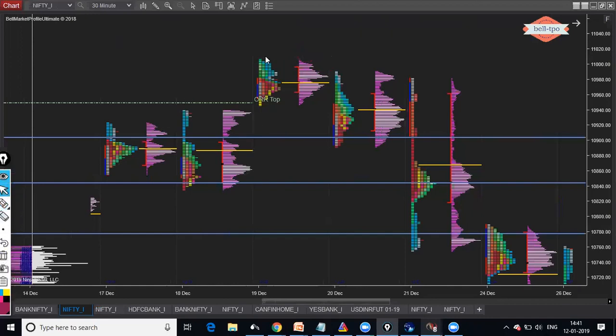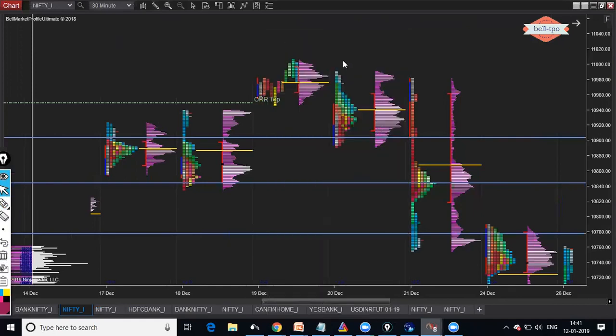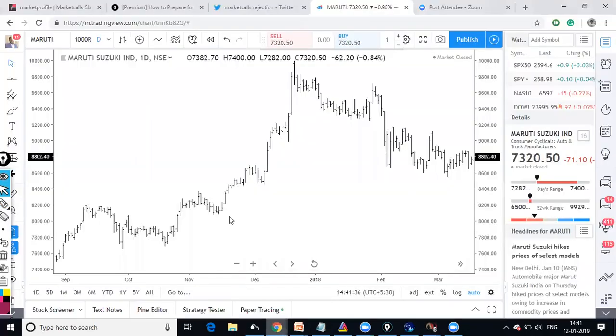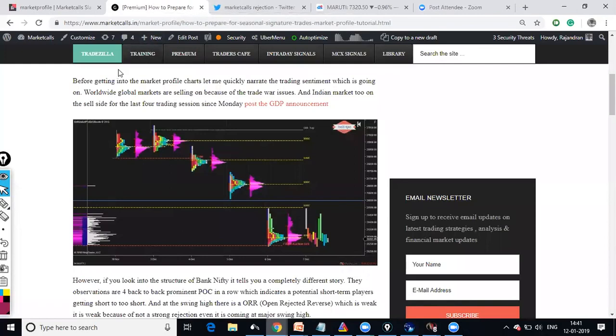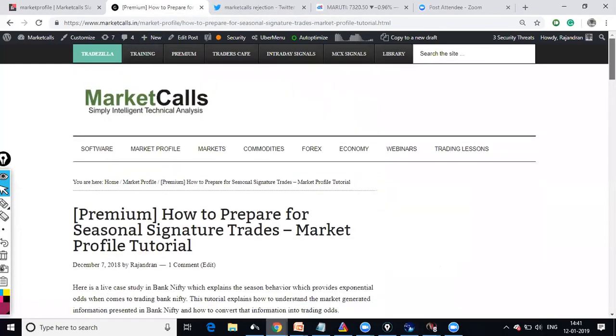So what is happening here is a G2 top got formed. The G2 top is also one form of back-to-back secure high. So it's a G2 pattern. Probably it's on 20th December. We had a webinar where we talked about this setup.